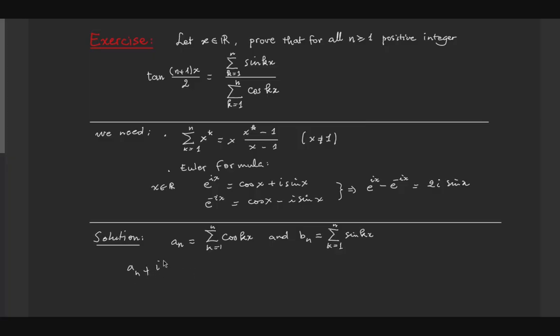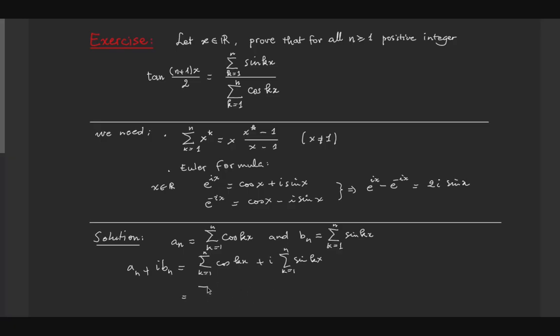An plus i times bn is equal to the sum of cosine kx plus i times the sum of sine kx, for k starting from 1 to n, both sums.